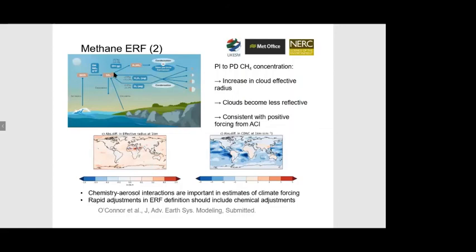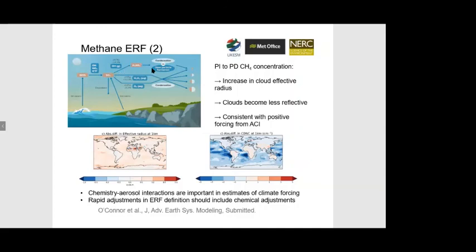So for example, about 40% of the oxidation of sulfur dioxide occurs through this gas phase reaction with OH, and the amount of sulfur being oxidized through that pathway reduces by 14% as a result of the change in methane concentration from pre-industrial to present-day levels.